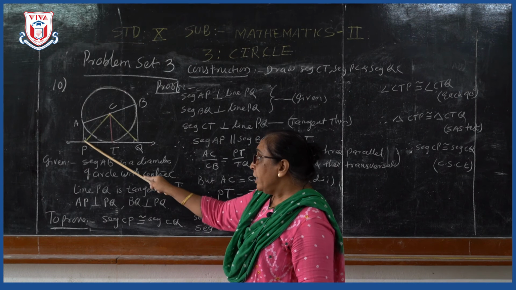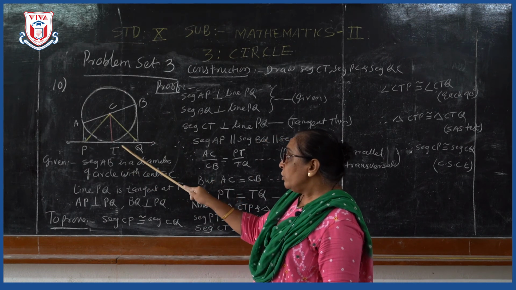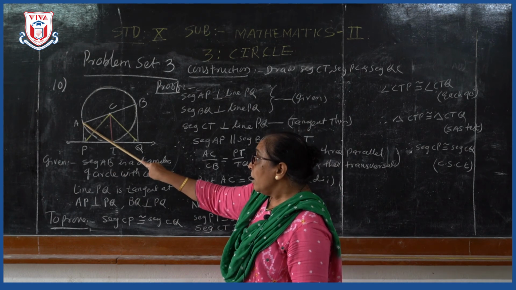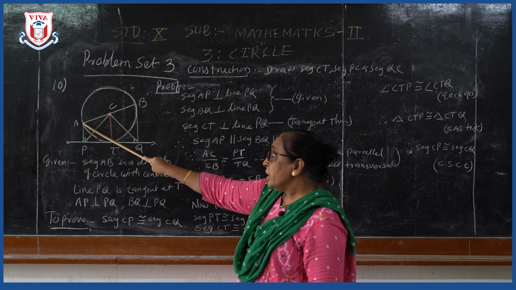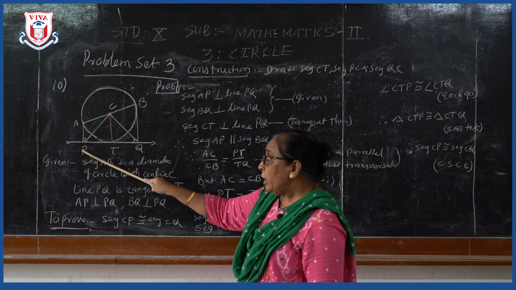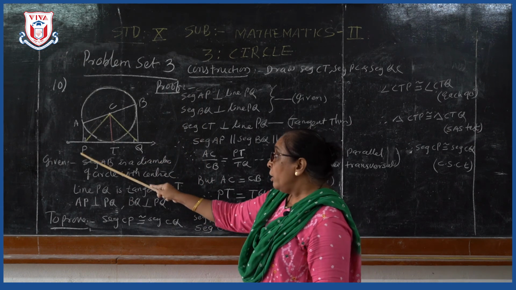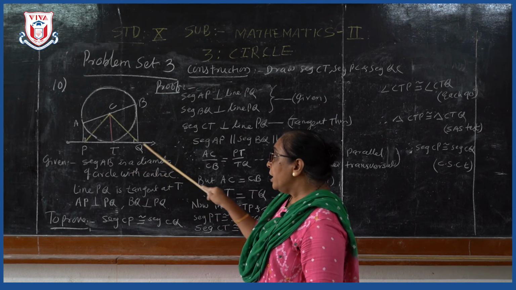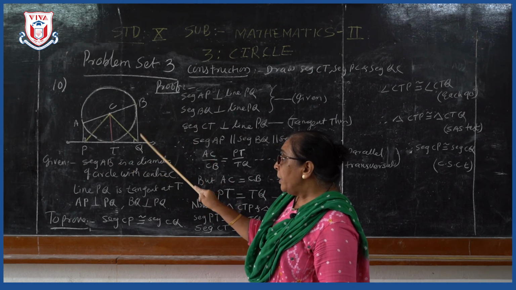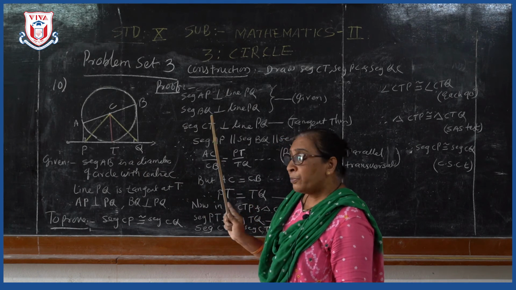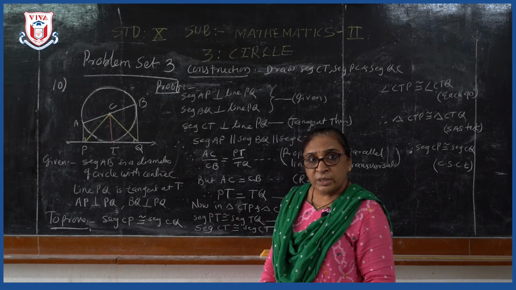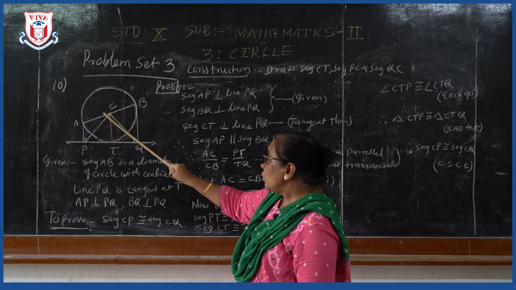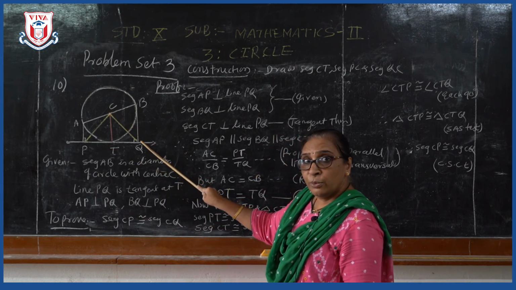There is one line which is tangent to the circle at point T. From these endpoints of the diameter A and B, the perpendiculars are drawn on the tangent. AP is perpendicular to this line PQ. BQ is perpendicular to line PQ. This information is given to us and we have to prove that segment CP is congruent to segment CQ.